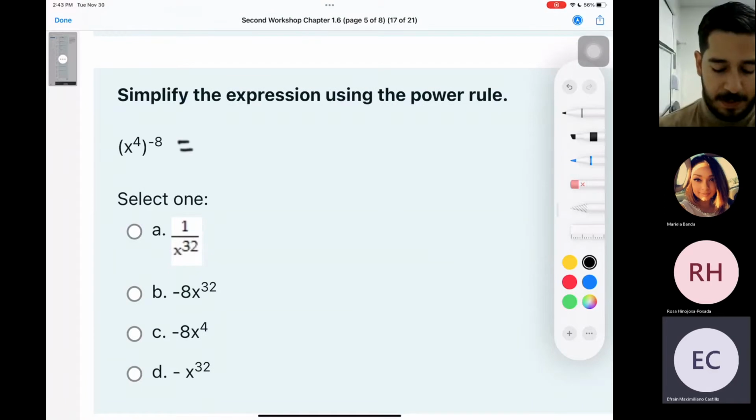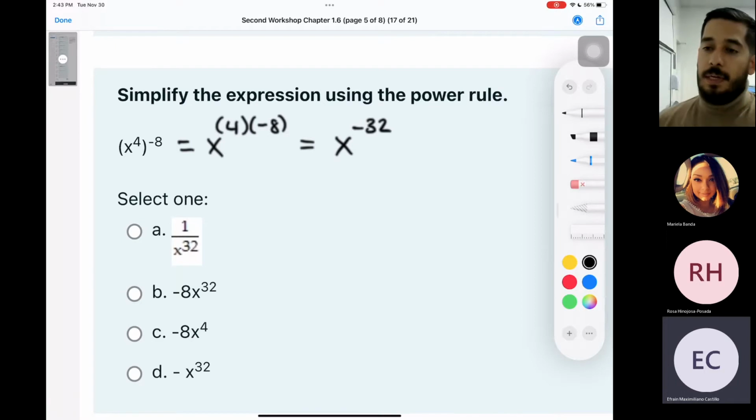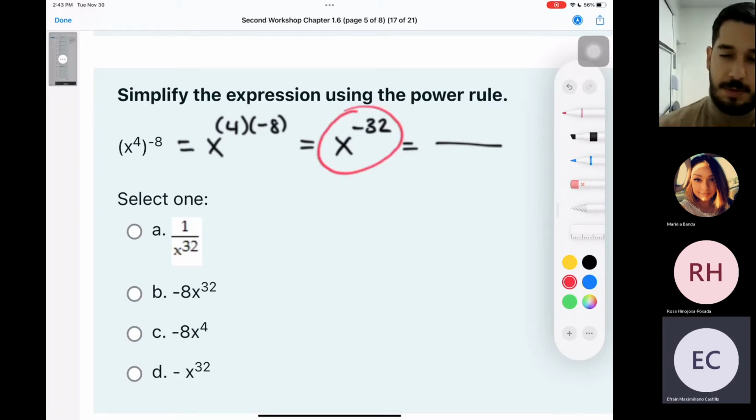Again, same thing. I have two exponents, so that means multiply those exponents. And 4 times 8 is going to be 32. As a -32, I have to get the reciprocal. I have to send this, which is a number with no fraction, to the bottom of the fraction. So it becomes positive. If it's the only thing there, you can replace that for a 1. 1 over x to the power of 32.